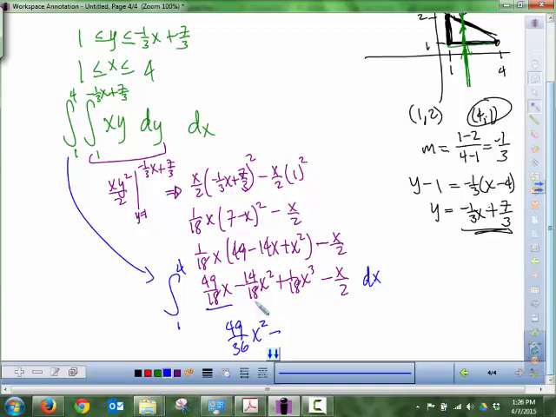I'll triple the 18: 36 plus 18, 54. The next one is x to the 4th over 4, 72. And then this is x squared, so x squared over 2 times 2 is 4.